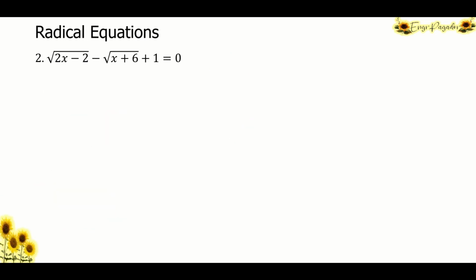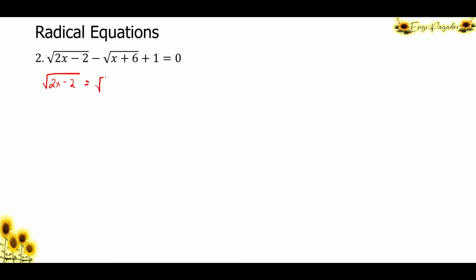So, let us again try to solve another example under radical equations. So, we have the equation square root of 2x minus 2 minus the square root of x plus 6 plus 1 equal to 0. So, we have two radical expressions here. So, ano ba yung first step na gagawin natin? It is to isolate one of the radicals. So, our new working equation will be equal to square root of 2x minus 2, of course, and then transpose natin this one to the other side.